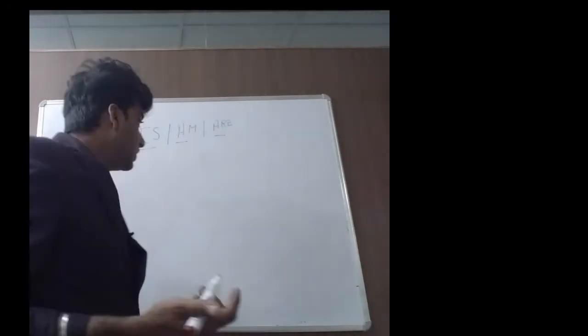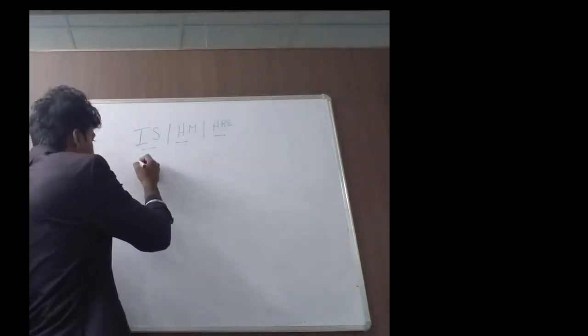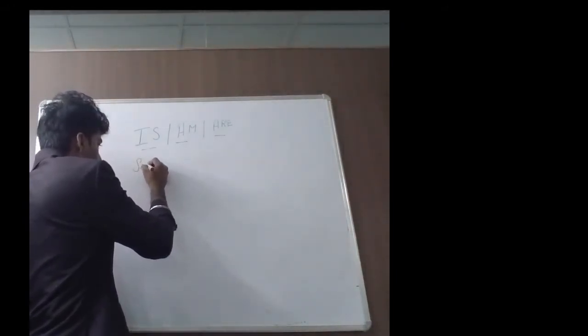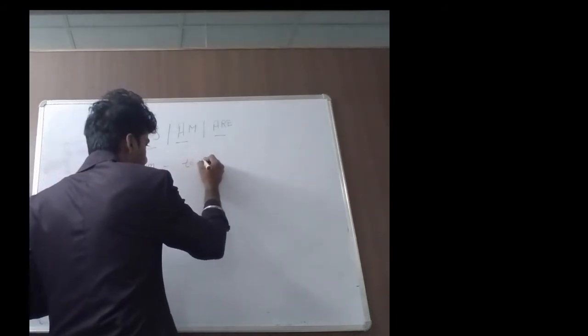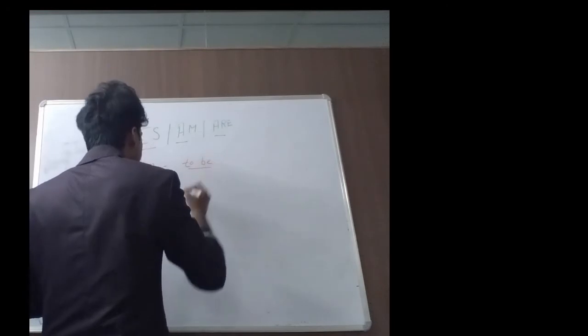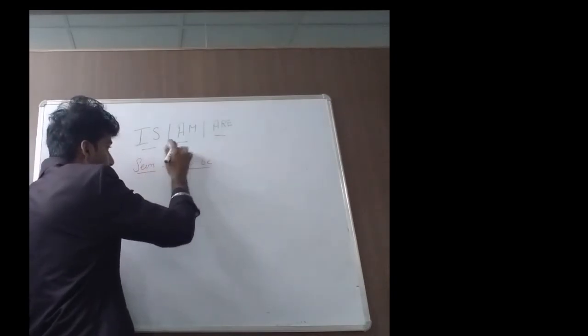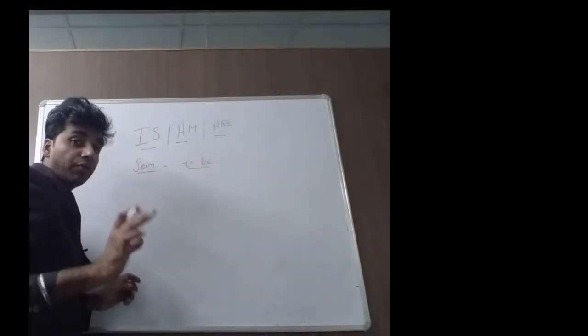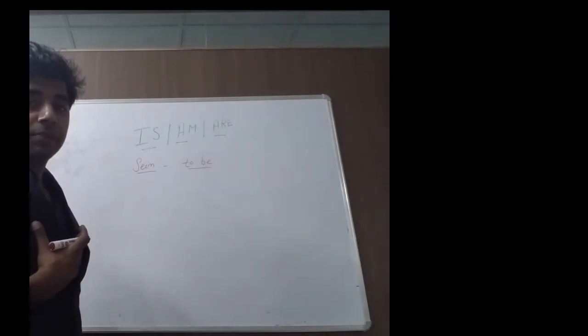So basically in German language, we have one important verb, a very important verb, which we call as sein. Sein is to be basically. Sein is the parent of is, am, are.